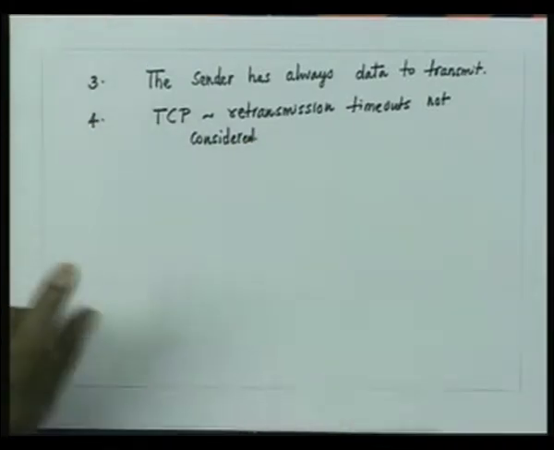The question is, how does the sender then come to know that a packet has been lost if there is no retransmission timeout interval? The answer is that TCP also determines packet loss through other mechanisms, like the triple duplicate acknowledgement. I will explain that later, but for the time being, assume that somehow the source knows that a packet has been lost.